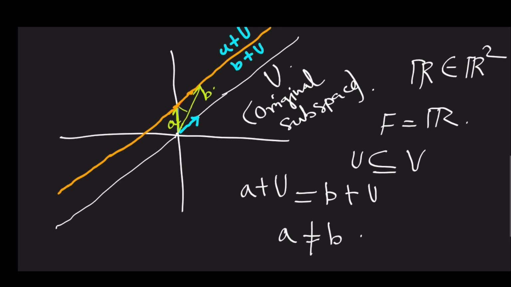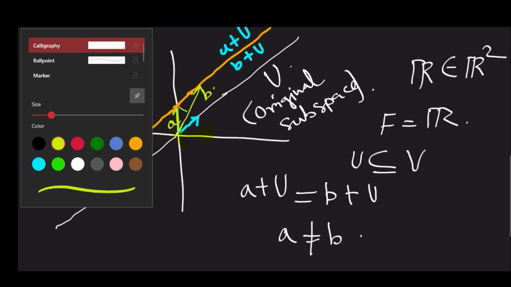Suppose we have a vector like this. Let me have a third vector. What is happening here?